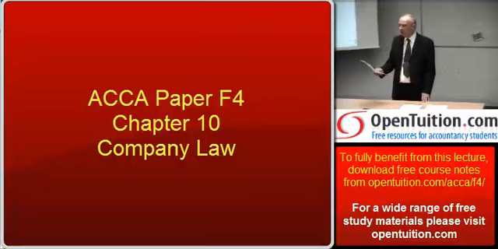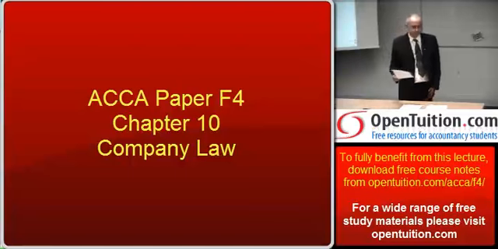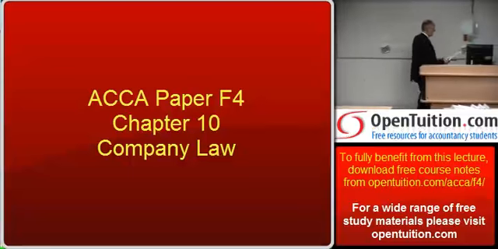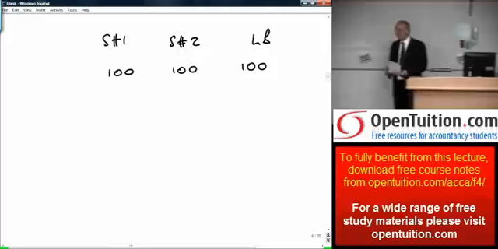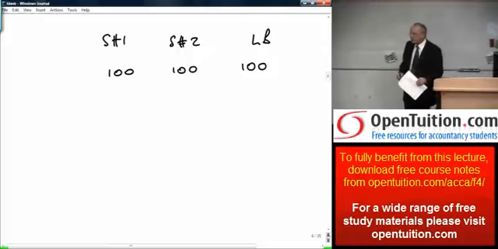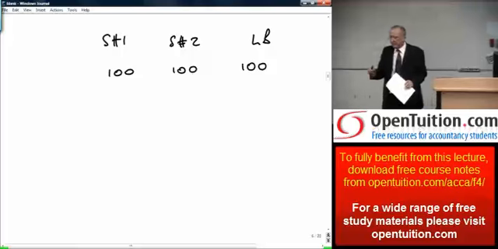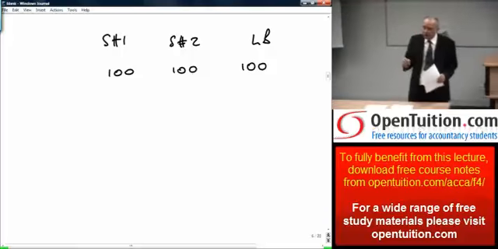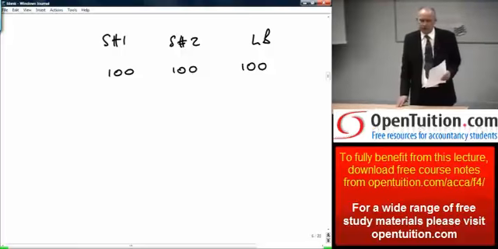And on page 72 we've got the procedure for alteration. In order that the Constitution shall be altered, it's not just a simple majority who must vote in favour. It's a 75% majority.